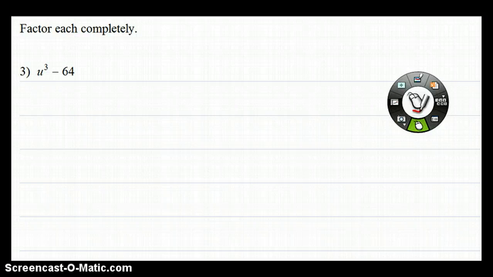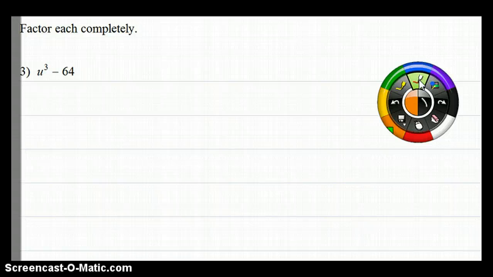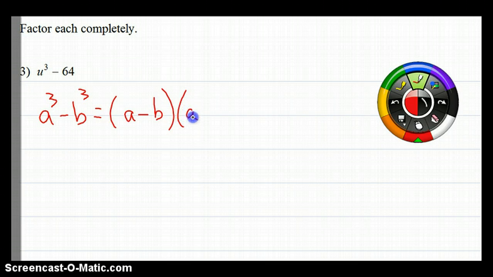Now again, when you look at problem number 3, it should look similar in some ways because we have a cubed again, but this time we have a difference. So we're going to look at our difference formula, a cubed minus b cubed. First step is let's write this formula down, and again, if you did not copy these formulas down from the first part of the notes, it's very important that you copy that down.